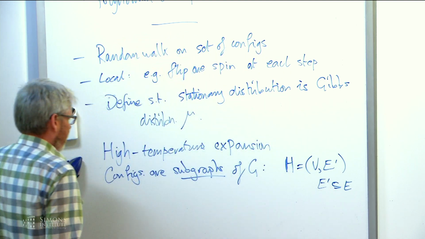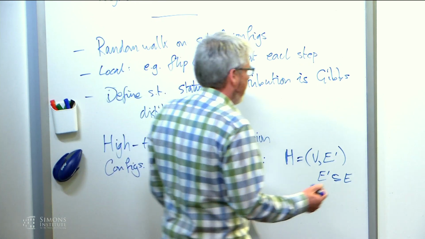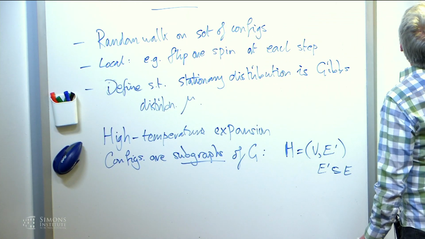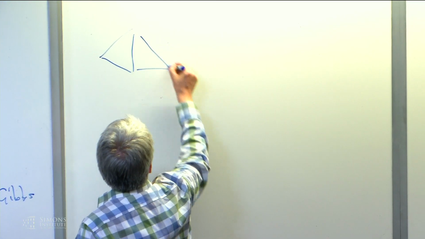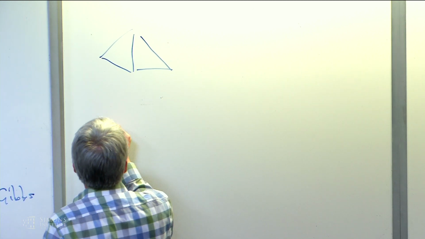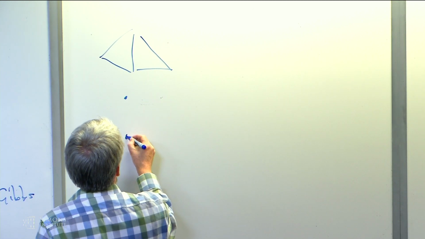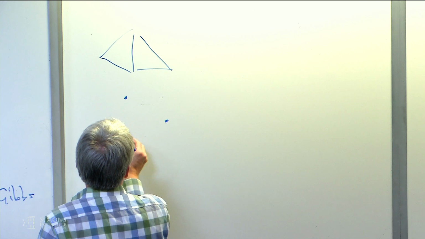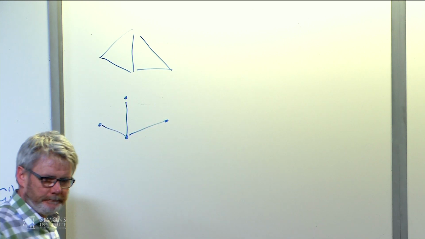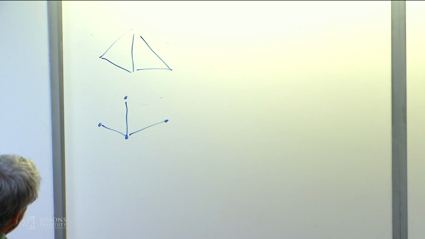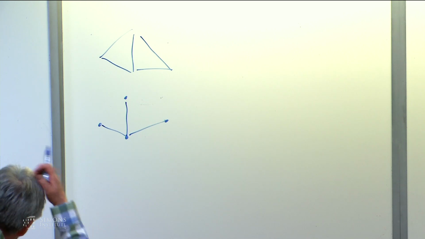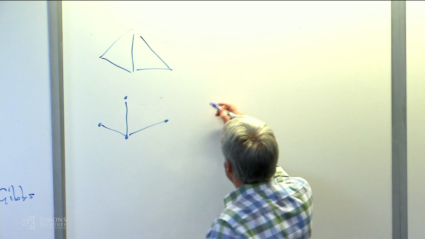So if my original graph looks like this, then one of the subgraphs might be this guy. And a subgraph has a weight.